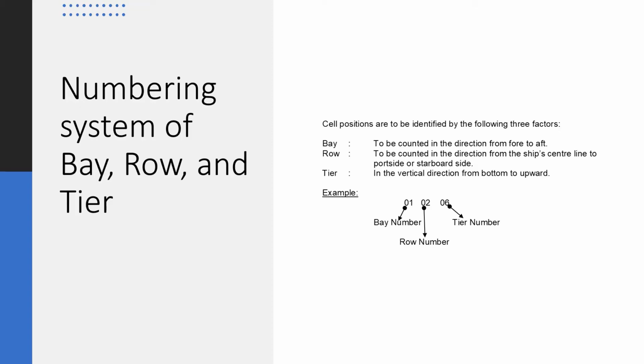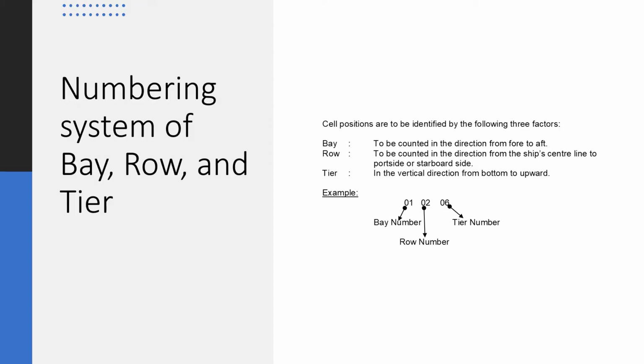If there are two hatch covers on a ship, the space between the two hatch covers is considered row 0. On your starboard side you may have the odd-numbered rows, like row 1, 3, 5, 7, 9, and on the port side the even-numbered rows, that is row 2, 4, 6, 8. Of course the system may differ, but on most ships it's like this.